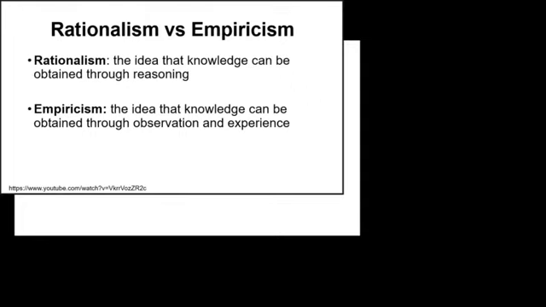But we had argued that that isn't very scientific, that isn't very precise, and as they tried to move the field that would become psychology in a more scientific direction, they got away from that idea of rationalism. And instead, they adopted the idea of empiricism. So that's the concept that knowledge could be obtained through observation and experience. So that's where we bring in our scientific method.